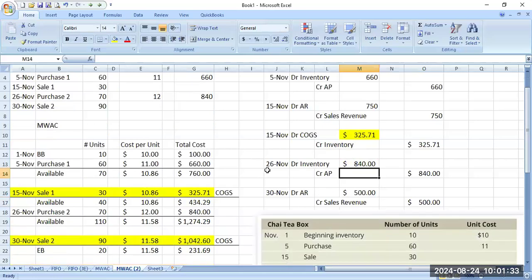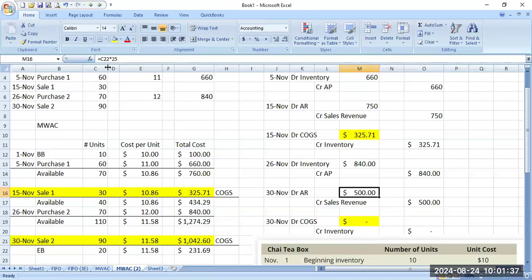Adjusting that one. My second sale will be 90 units at 25, $2,250, and my last cost of goods sold for that sale will be 1,042.60, and I'm done.